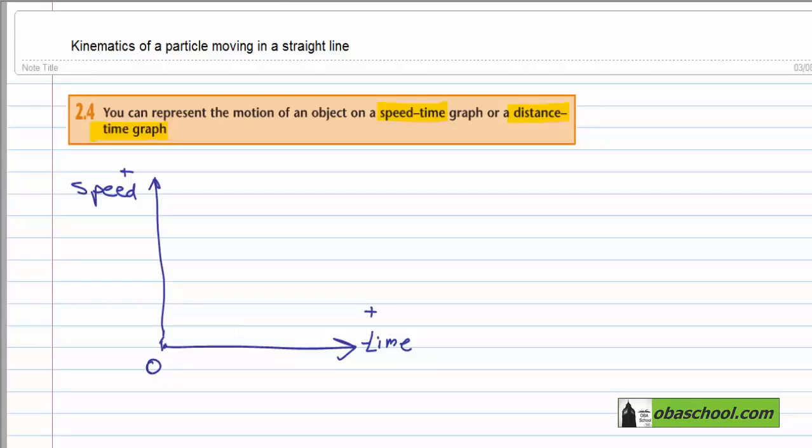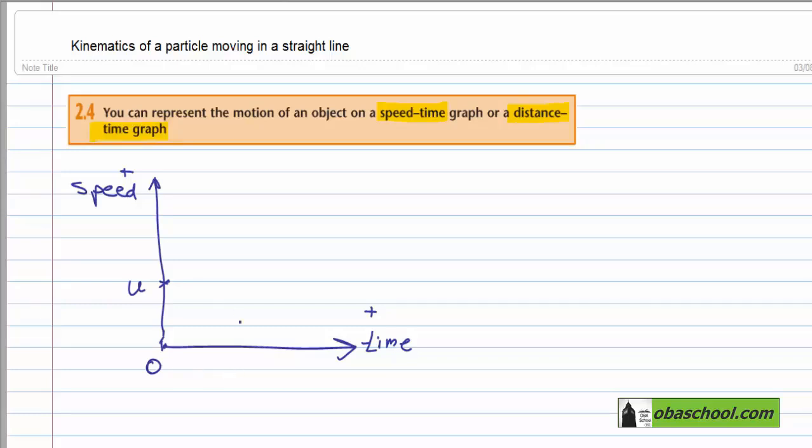Now, for an object or a particle moving in a straight line, at the time of starting motion, at time 0, the object has an initial speed u. This is the initial velocity, designated as u, of an object starting motion from the point of origin. So we assign a point of origin where we set time t equal to 0, where the object would have some initial speed u. U is an unknown in this graph that we're constructing for the sake of demonstration.